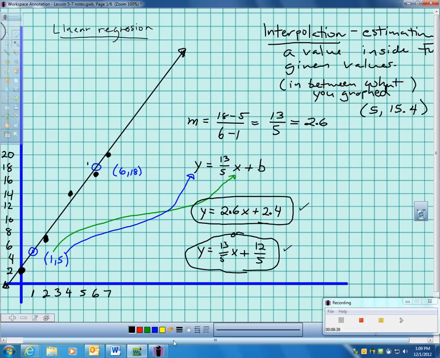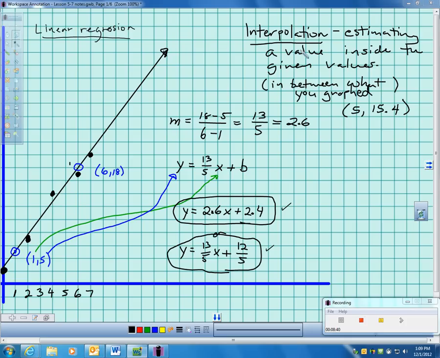When you are estimating a point inside your given values, that is called interpolation. That sounds like a fancy word. Sounds like a big word. In interpolation, it kind of means inside. I am estimating a point inside the other points.